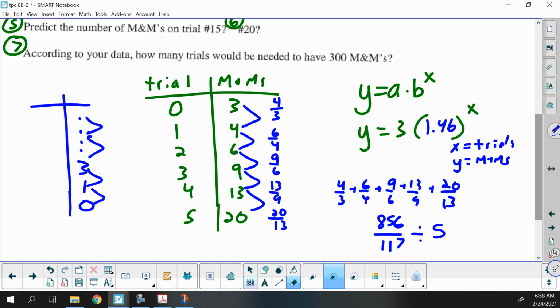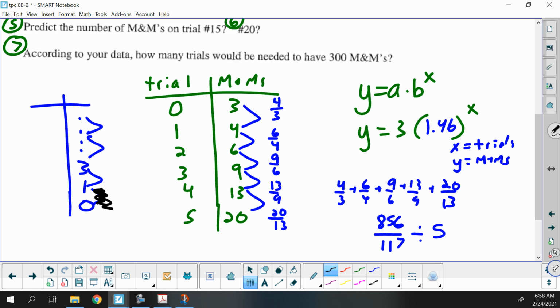So what I want you to do on experiment 2 is not include that last successive ratio in your average, because the 0 is going to throw our value off quite a bit. The fact that ours went to 0 in our experiment and a real exponential function doesn't go down to 0 will throw your values off some. And we'll mention that in Thursday's video just as a reminder.